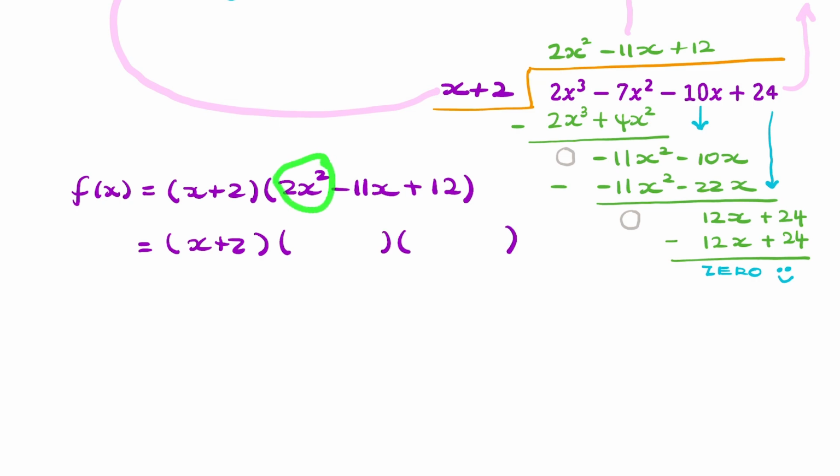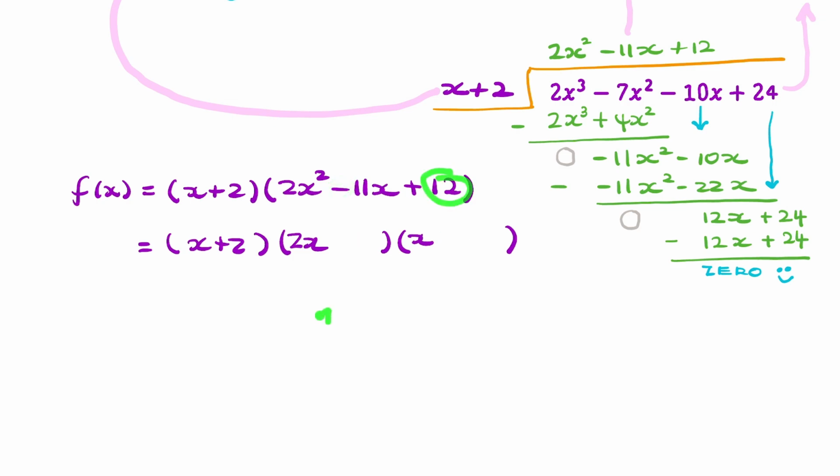So 2x squared is the product of 2x times x, and a plus sign here and a negative sign here. The positive sign here means that both these signs are the same, and because that sign is negative, then both will be negative.